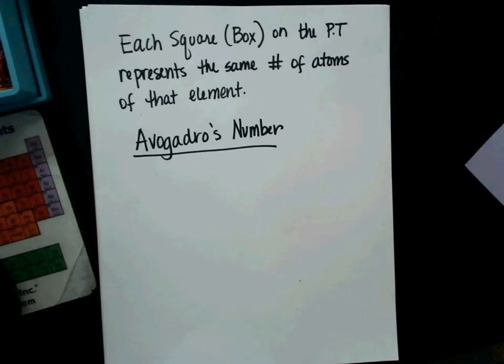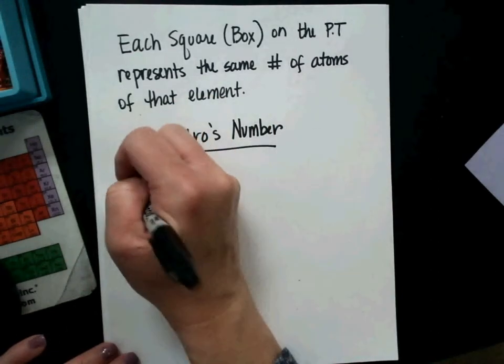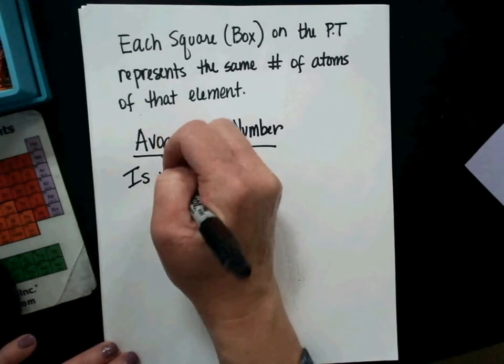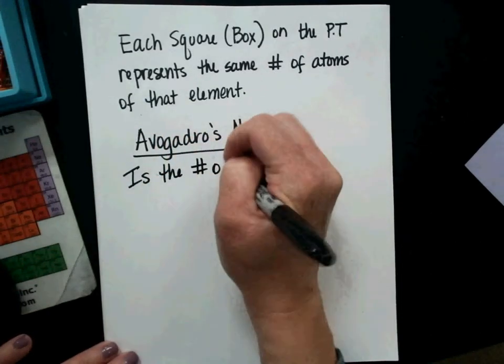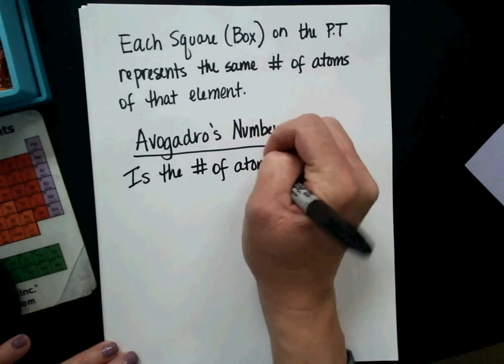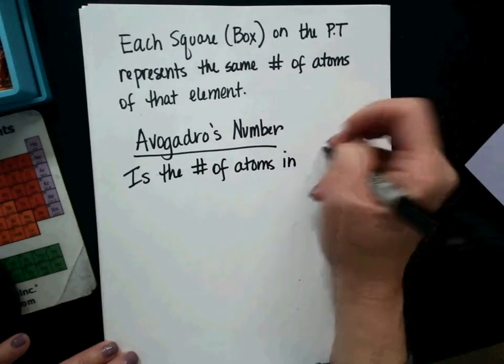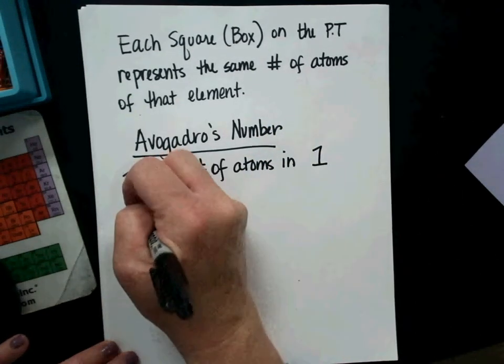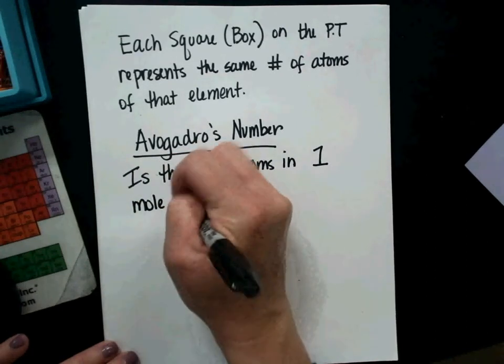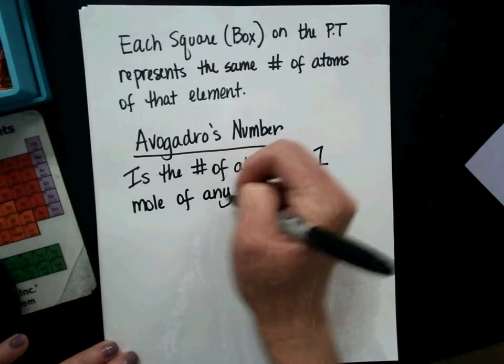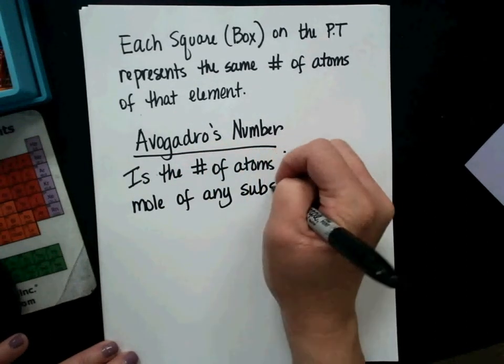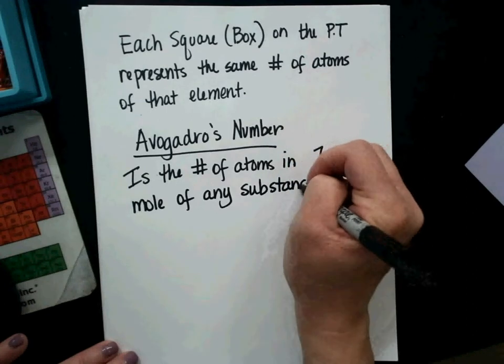But Avogadro's number is the number of atoms in 1 mole of any substance.